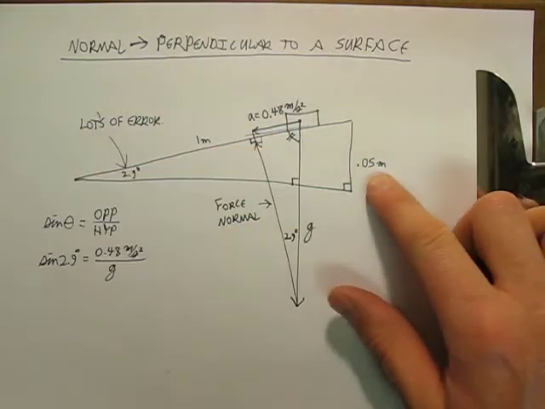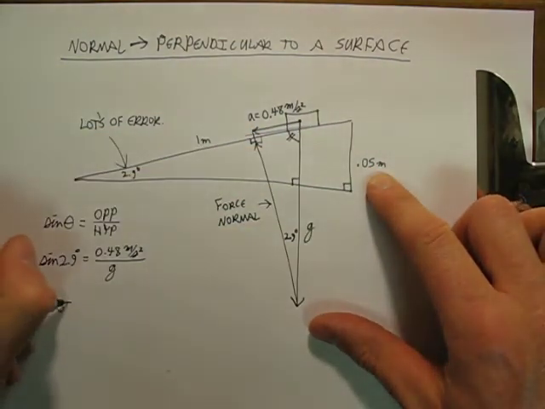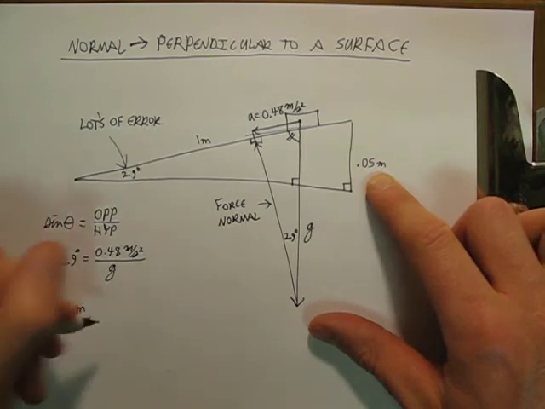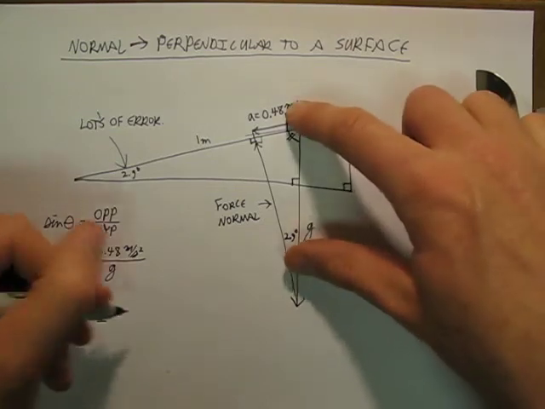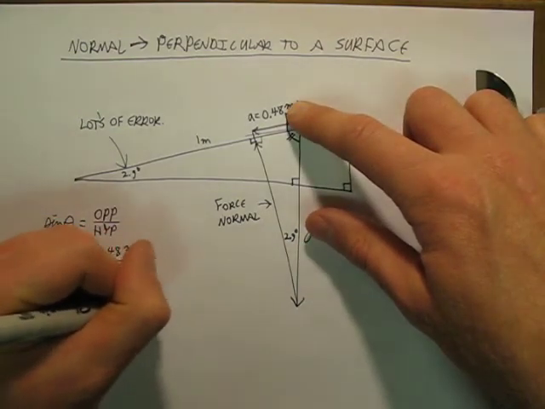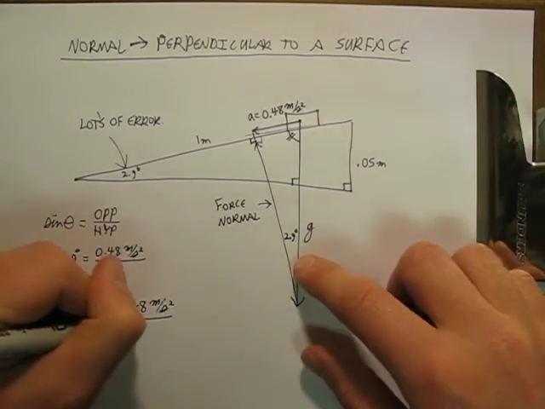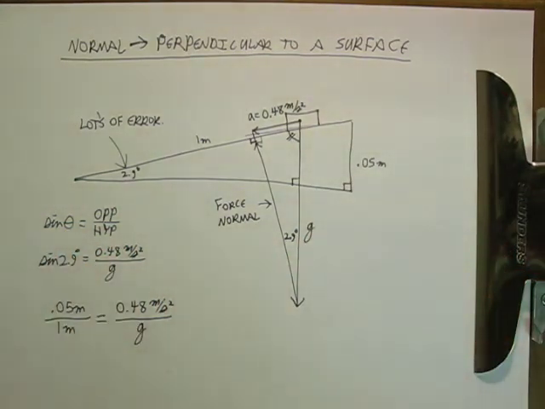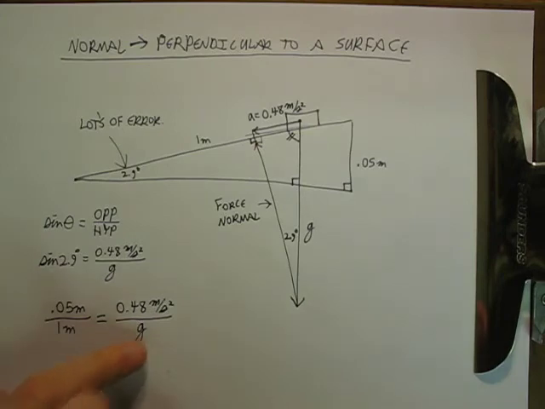I can say 0.05 meters is to 1 meter as 0.48 meters per second squared is to g. Now, I really don't like having my variable in the denominator of fractions.